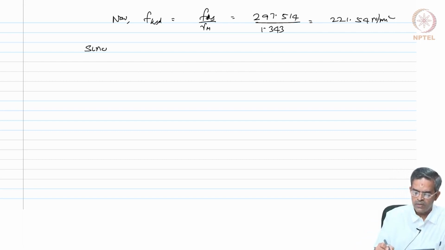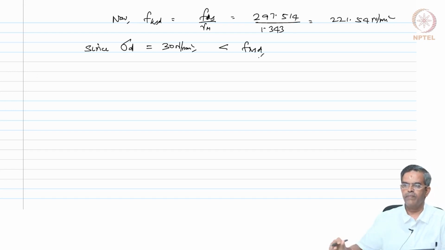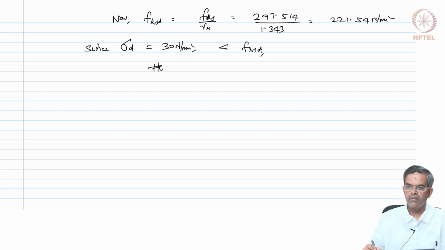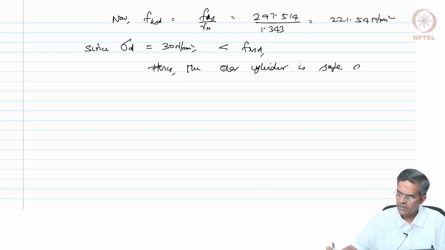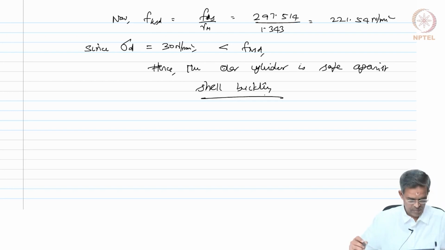Now, since the design strength is 30, which is much lesser than Fksd, we can come to a conclusion that the circular cylinder is safe against shell buckling.